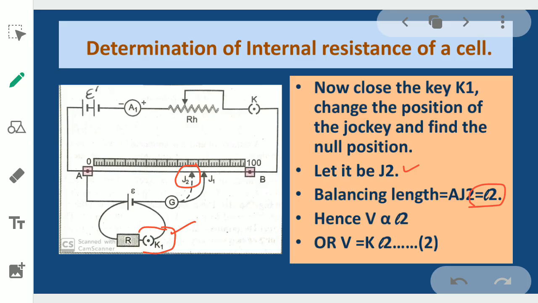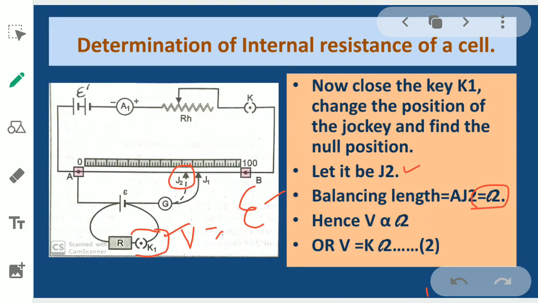And V is obviously less than E, because you know the formula for terminal potential: V is equal to E minus IR. So this is the expression for terminal potential, V equal to E minus IR.